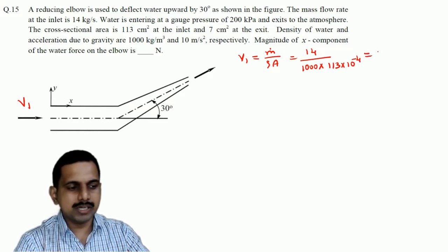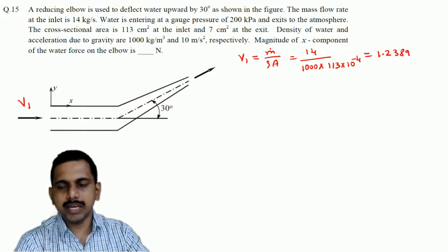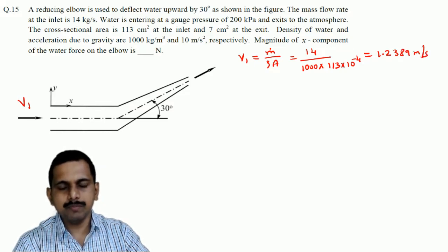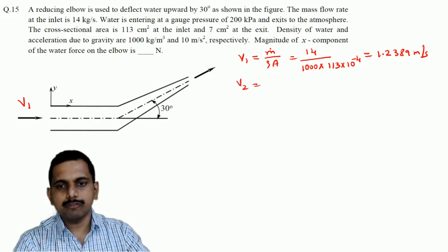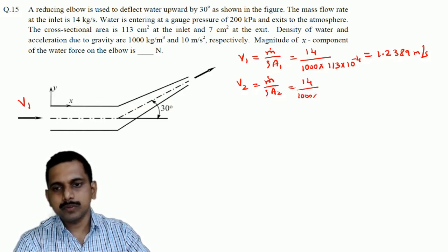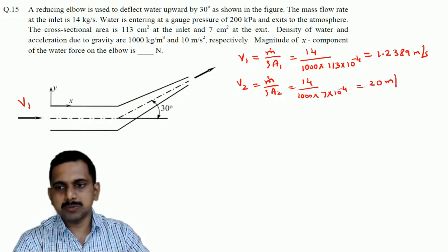The answer comes as 1.2389 meter per second. Similarly, what is V2? V2 is m dot by rho A2. This will come as 14 divided by 1000 into 7 into 10 power minus 4, and this comes out to be 20 meters per second.